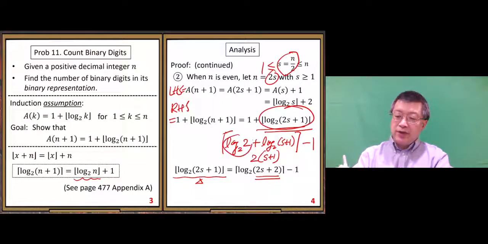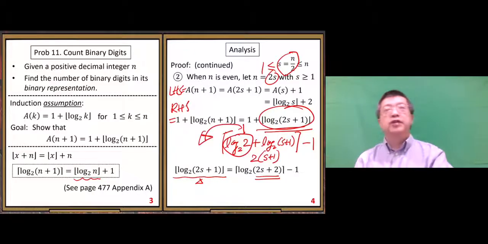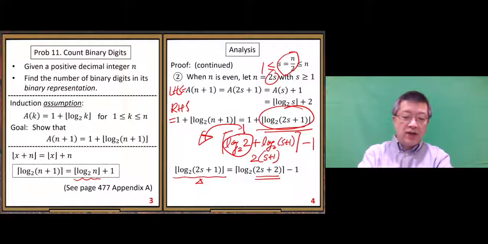This one we can pull out of the ceiling function, same as with the floor function. For the ceiling function, x plus n, we can take the integer n out.